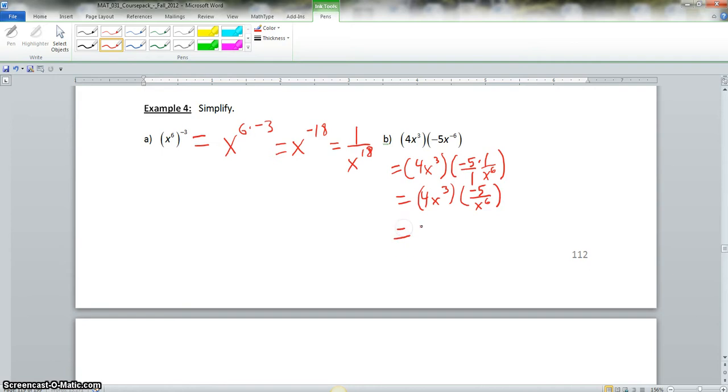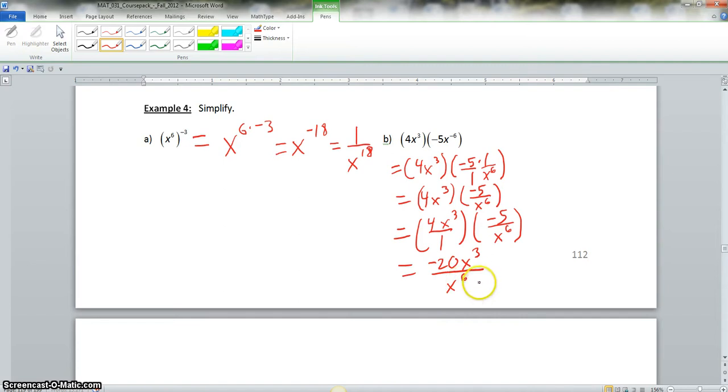Now, we could rewrite this here and make this 4x to the 3rd over 1 times negative 5 over x to the 6th power. Positive 4 times negative 5 is negative 20. And we have our x to the 3rd. We carried it over. And our denominator, 1 times x to the 6th is x to the 6th.